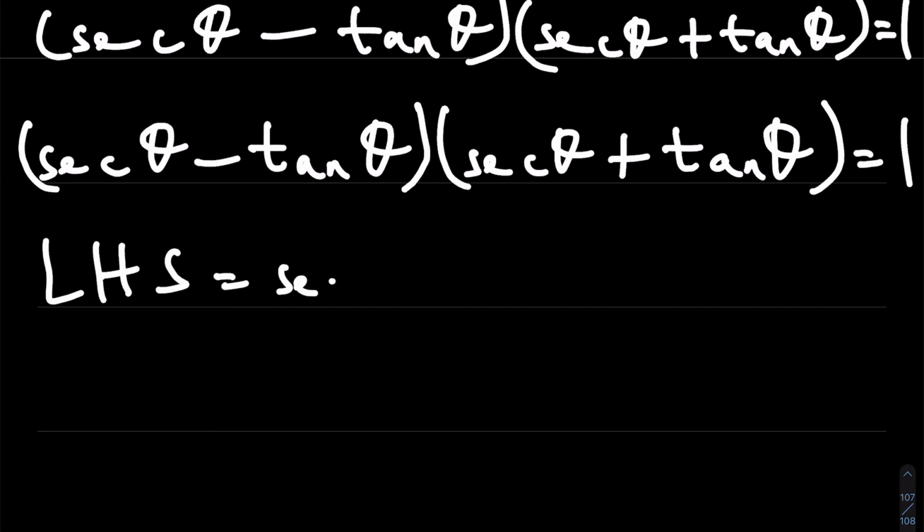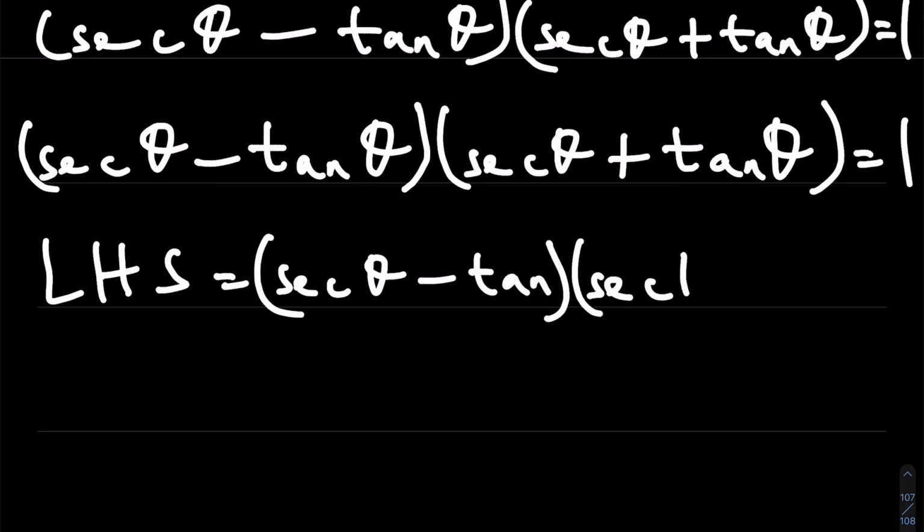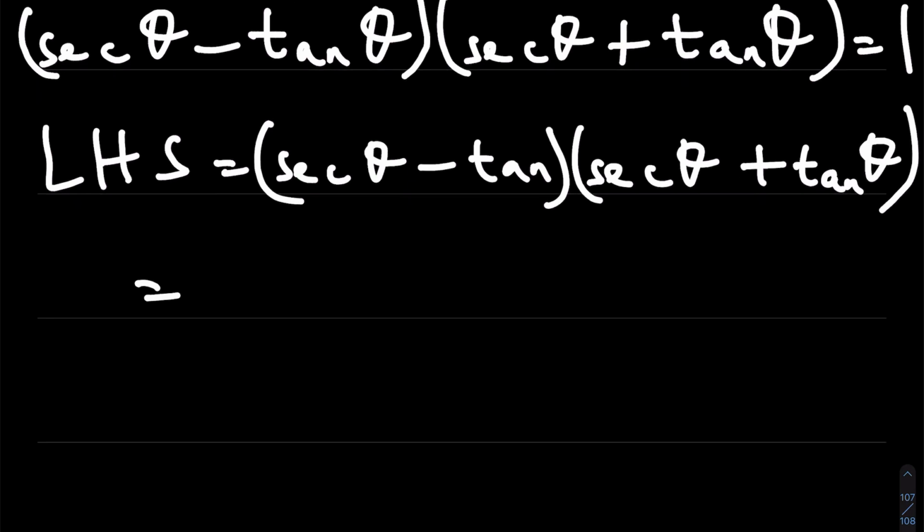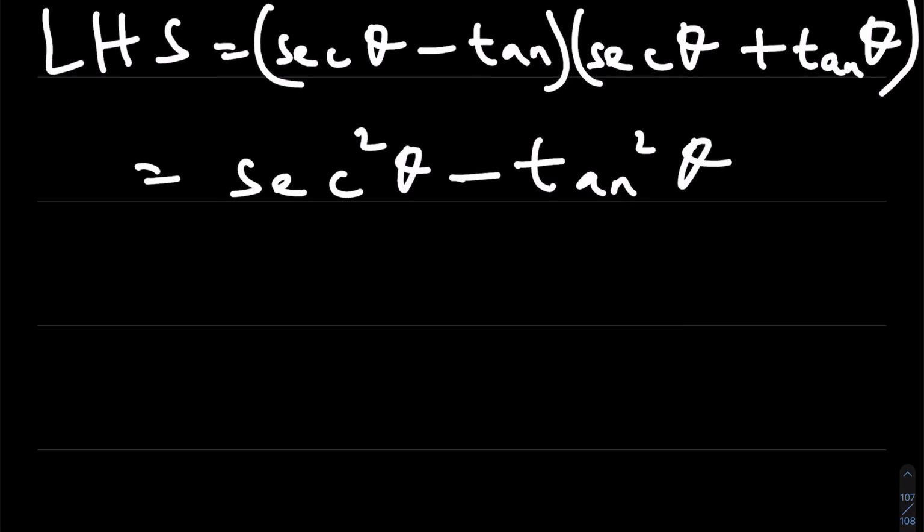The left hand side is sec theta minus tan theta times sec theta plus tan theta. That's a difference of two squares too. If we study it carefully, it's the same as sec squared theta minus tan squared theta.